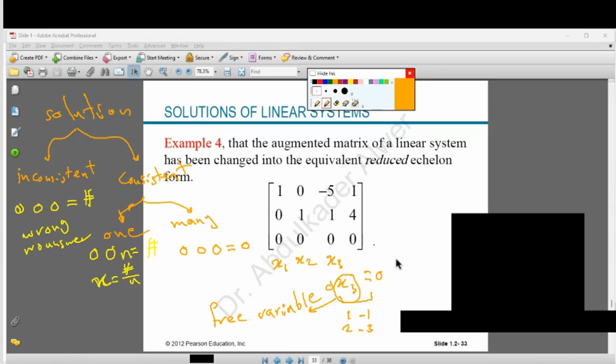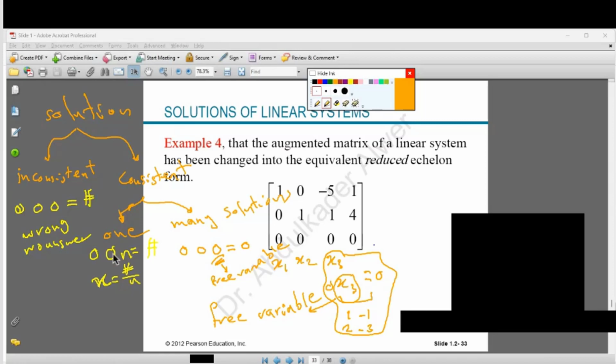So it's a free variable. This is called many solutions. So if I got 0, 0, 0 equals 0, this is many solutions, and we call this one a free variable.